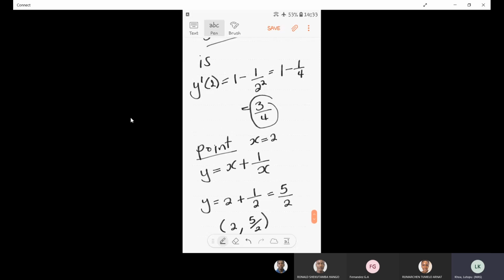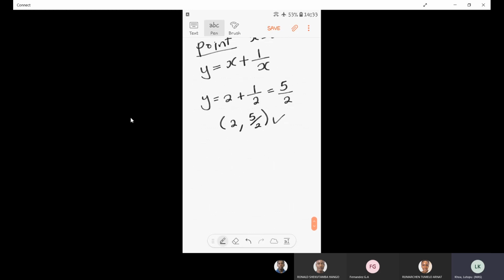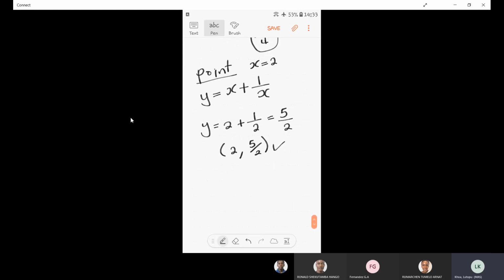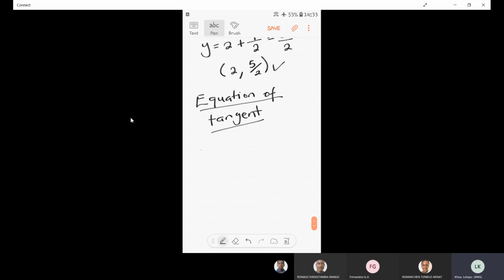So I have the gradient and I have a point on the line. Now I just use the one point gradient formula. So the equation of the tangent, I will now just use y minus y1 is equal to m times x minus x1.